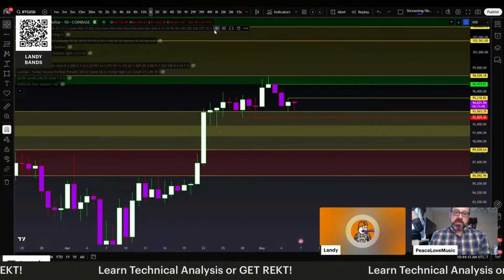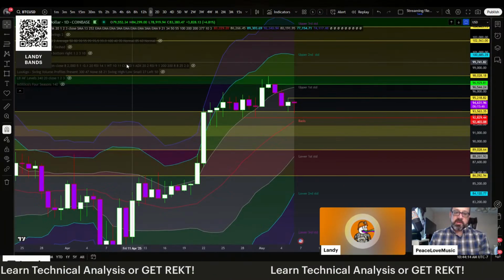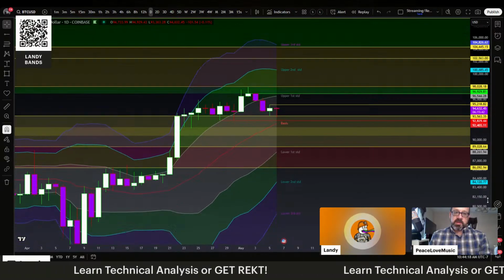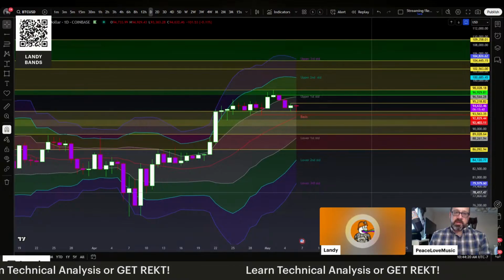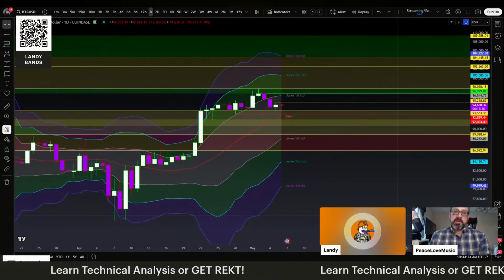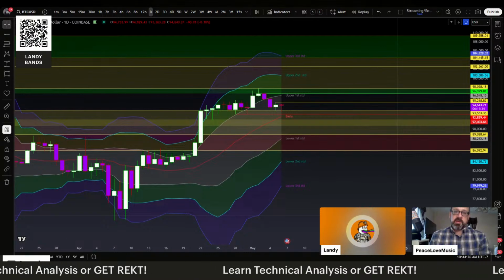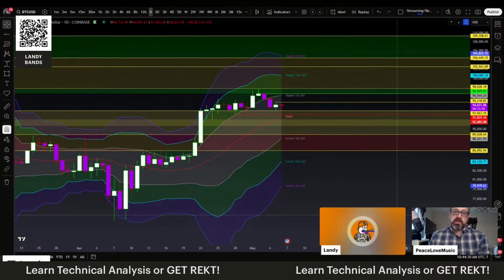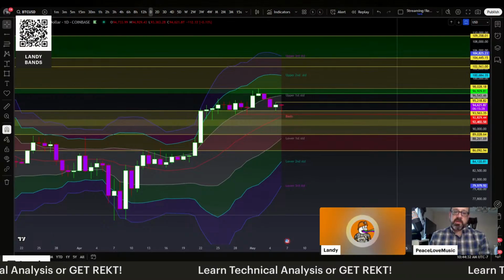And we can add on volatility components, and we can get a lot of information from the daily, for instance, right now. So we have the triple Bollinger Band setup that I've talked about. You can use regular Bollinger Bands if you like. I like triples because it gives us very clearly defined areas of interest.